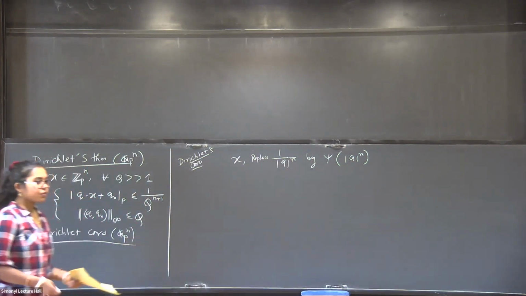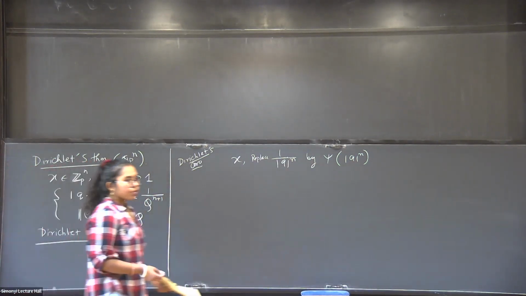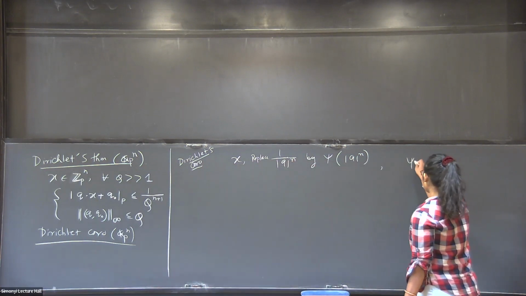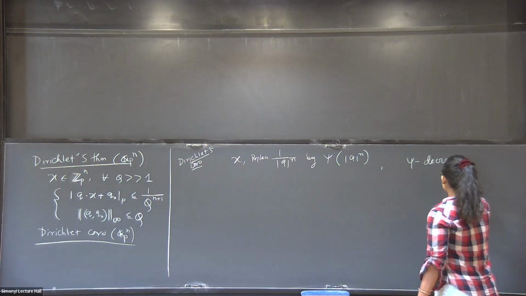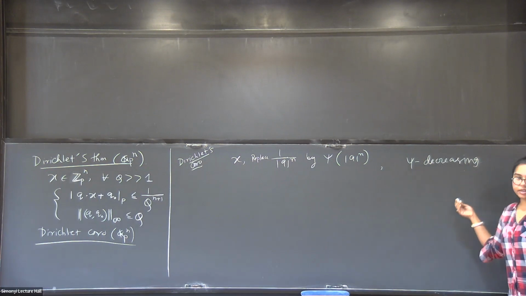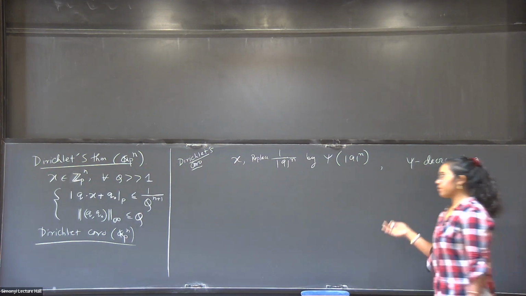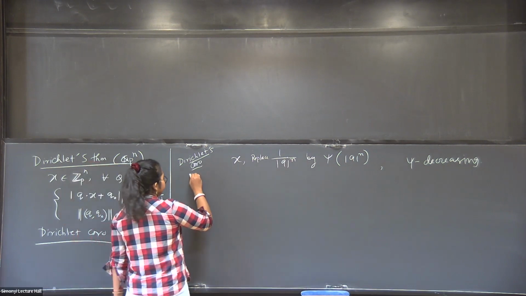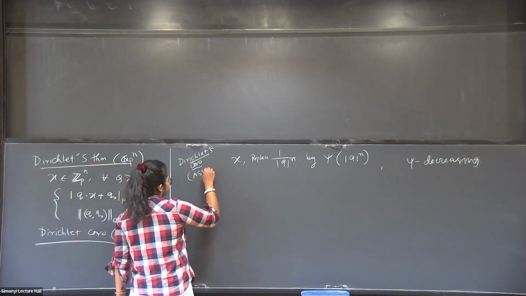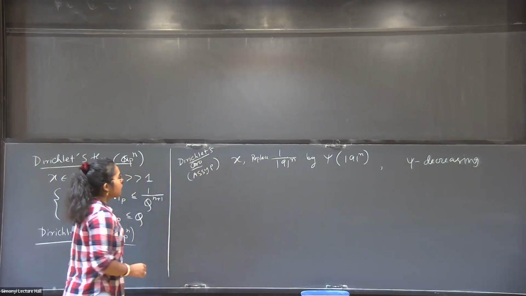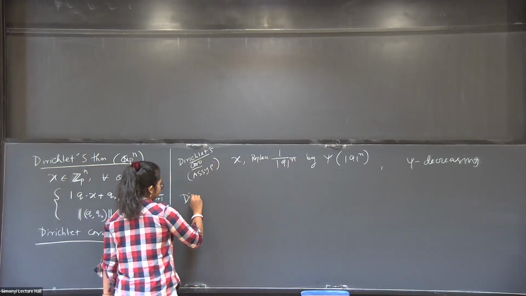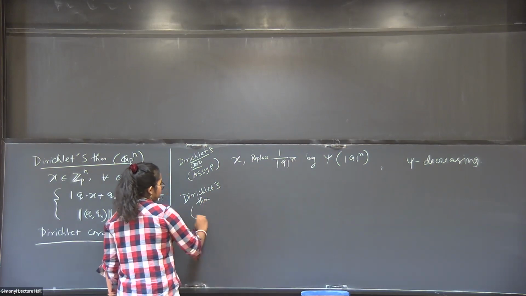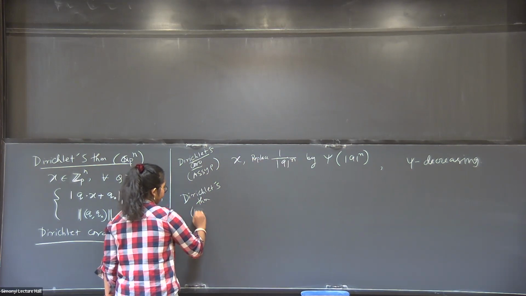So instead of 1 over t, you can take any psi function. And for this talk, I'm going to always restrict myself to psi being decreasing. Actually, people also study when it's not decreasing, but then it's more subtle, so I don't want to get into that. These kinds of approximations we generally refer to as asymptotic. And then you can also try to improve Dirichlet's original theorem, and that we call uniform.